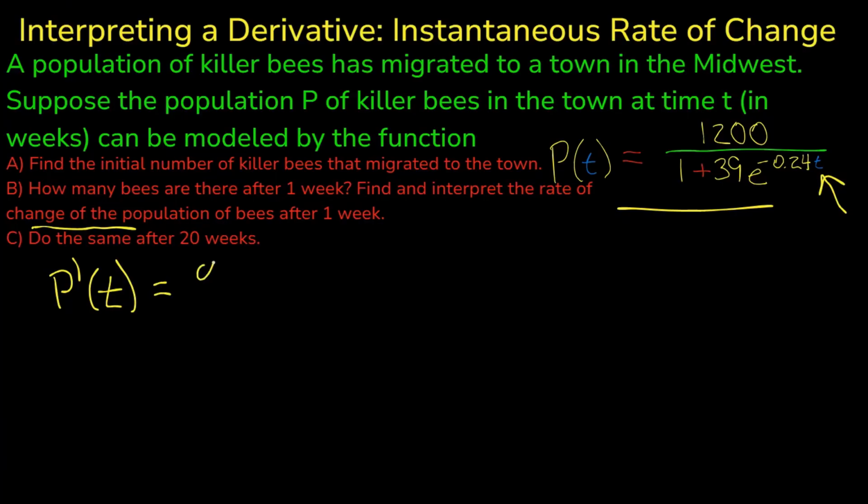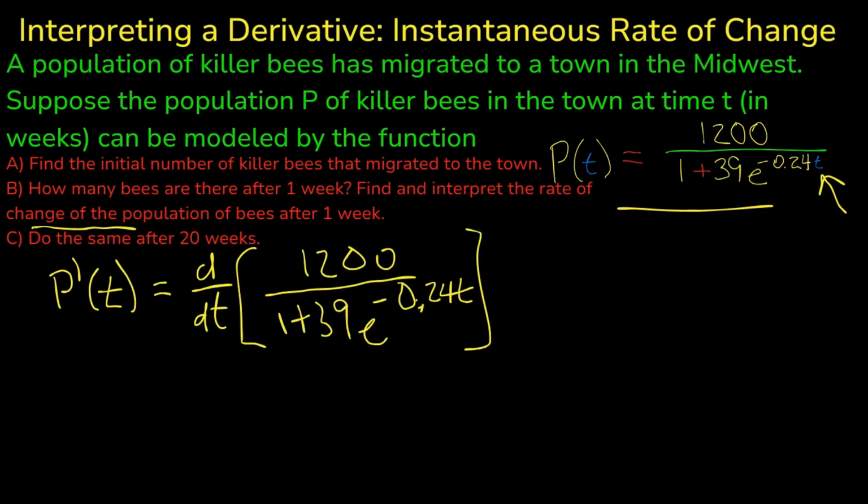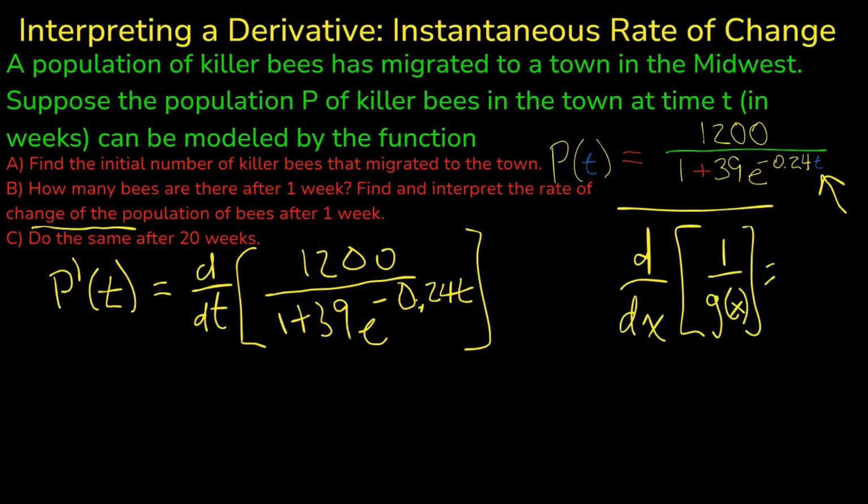So this is going to be taking the derivative with respect to t of, and remember the rule, if you have the derivative of 1 over a function, it's going to be the opposite of the derivative of the function over the original function squared. In this case, the whole denominator we're going to treat as g.